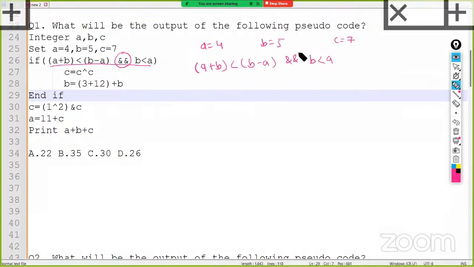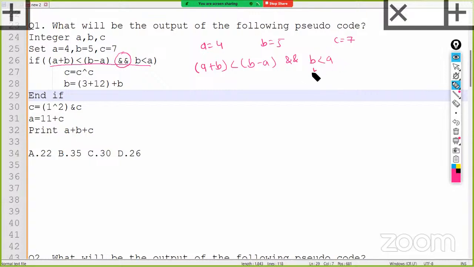Whenever you have a logical and in a condition, I suggest one trick: first try to solve the smaller condition, because in an and, if any one condition becomes false, the entire condition becomes false. So I will go for the small condition here, which in my case is b is less than a.